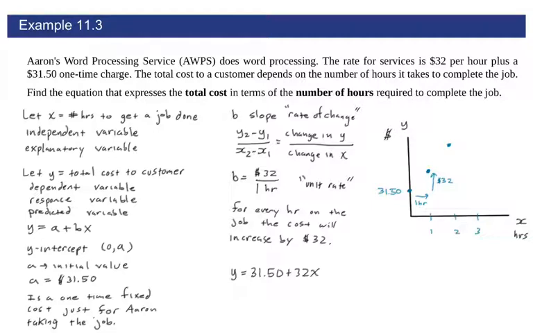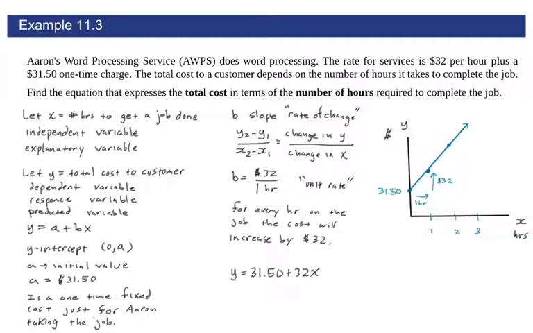So a rough sketch of our graph would look something like this, increasing. And again, you have an arrow off to the right because who knows how many hours this task could actually take. And in a lot of real-world applications, many times we're really only going to deal with the first quadrant, because the lowest cost you could have is $0.